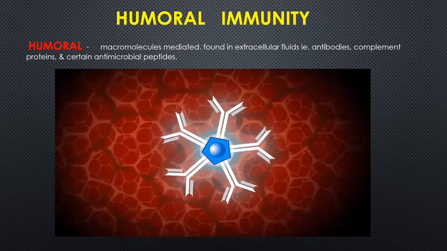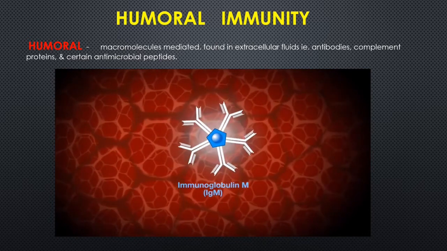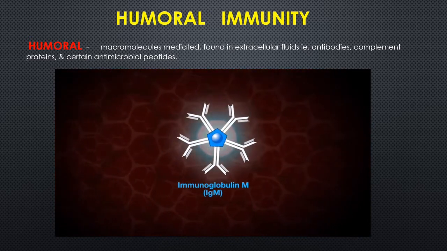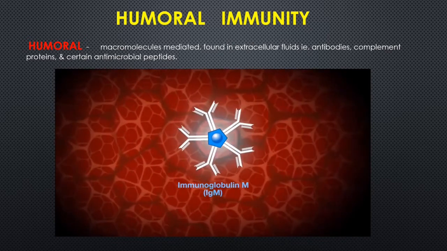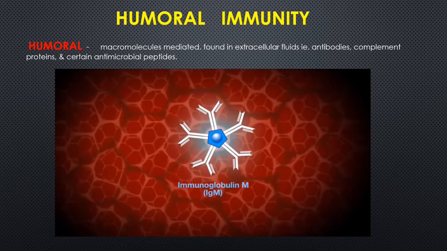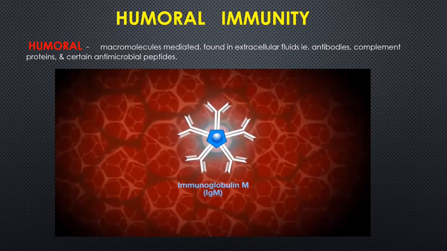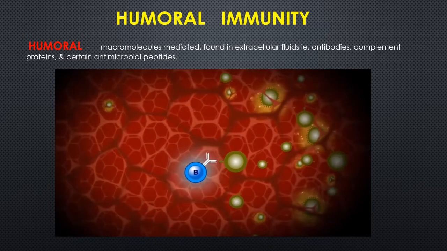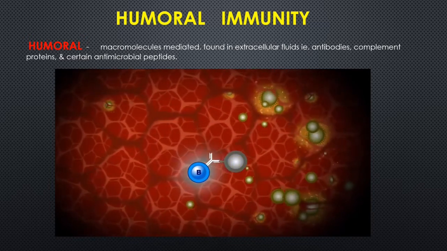Now, when an antibody first meets the infection or the antigen, it will produce the same pattern. It will have 5 molecules with 10 antigen binding sites. And when an antibody encounters an antigen, 3 phenomena may possibly happen.